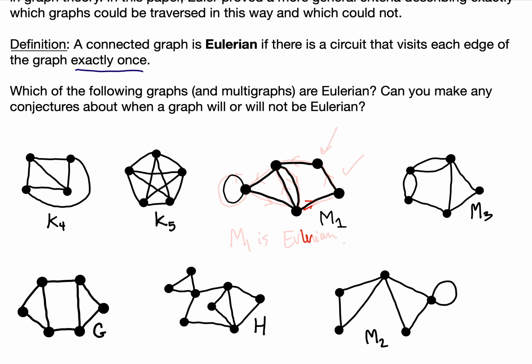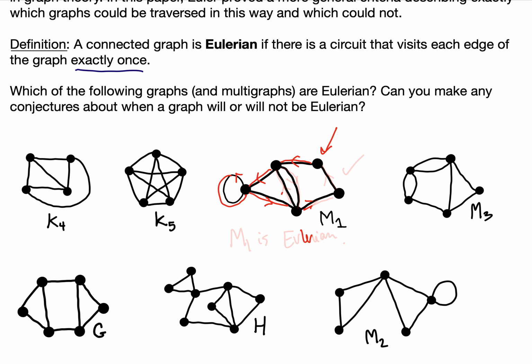Just as an example, let's look at M1 together. This is the multigraph M1. It's a multigraph because it has loops and multiple edges. So can I go through each edge exactly once? Let's say that I start there and I go through this edge, and now I've gone through this edge, and this is a loop and I can go around it, and now I can go through this edge as well.